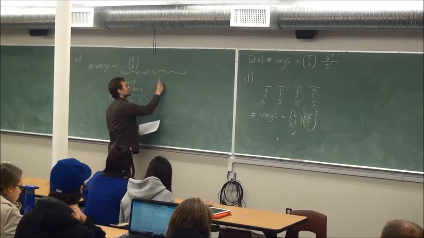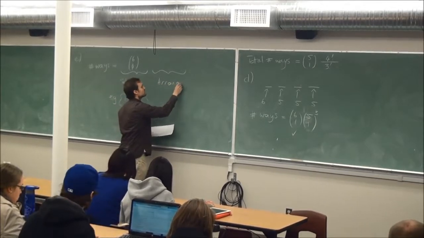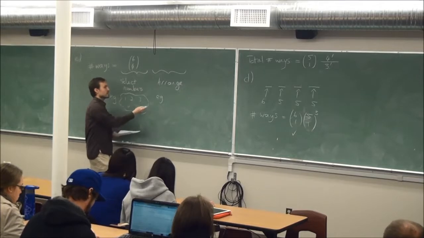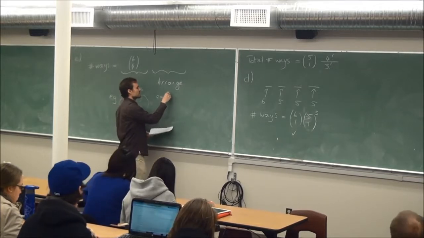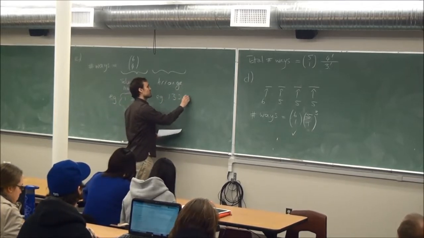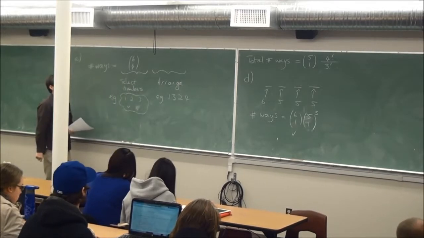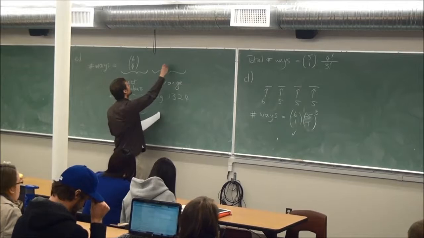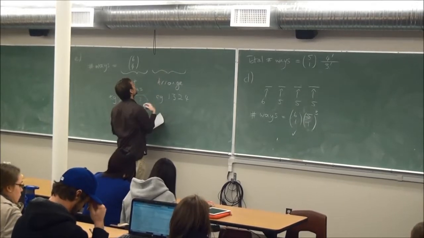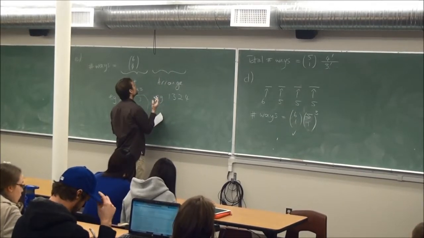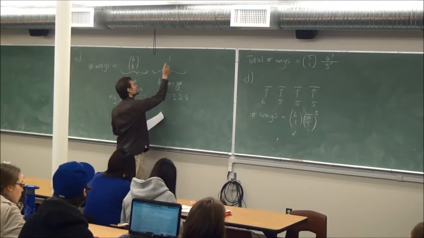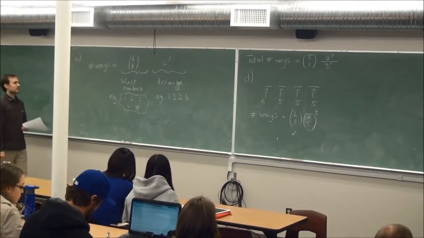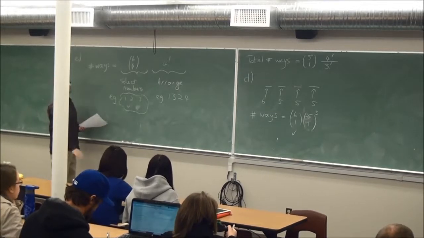Now I would need to arrange them. For example, I update my example here. Let's be a little bit more original: 1, 3, 2, 4. I have 4 things. I want to arrange them. How many ways can I do that? They're all different. There's no identical elements or anything like that. There you go.